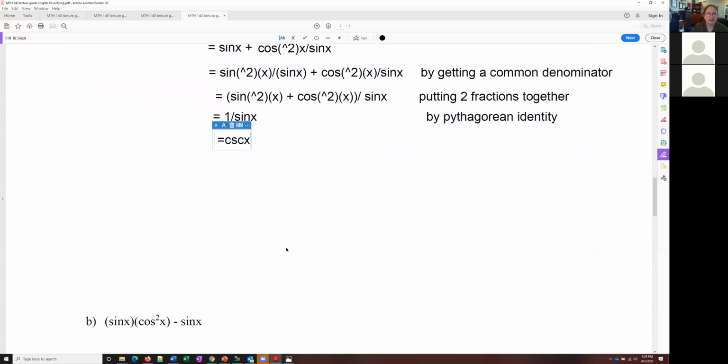I'm going to go ahead and see if we can do the next example. The next example is simplifying sine x times cosine squared x minus sine squared x. So I notice that I have two pieces that both have a sine x in them. So one thing I can do is factor out sine x. I'll factor out sine x, and then in parentheses, I'll have cosine squared x minus 1.